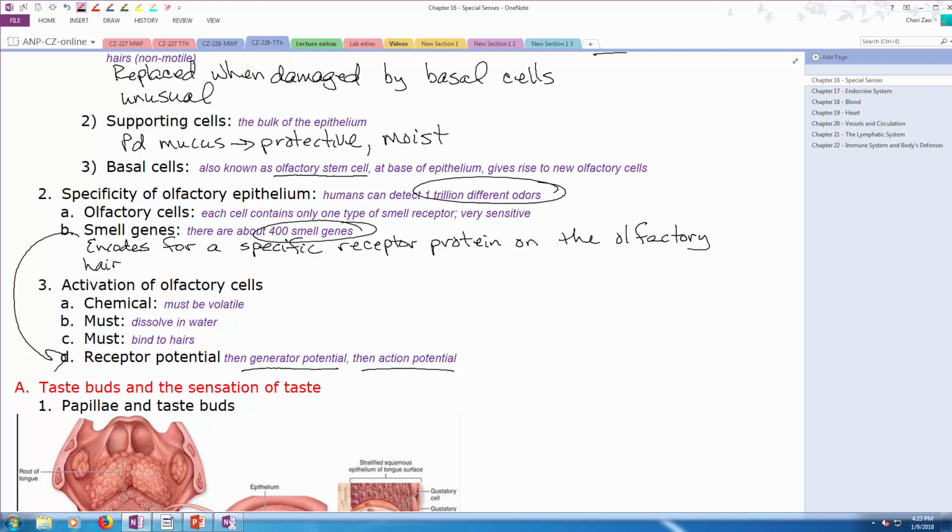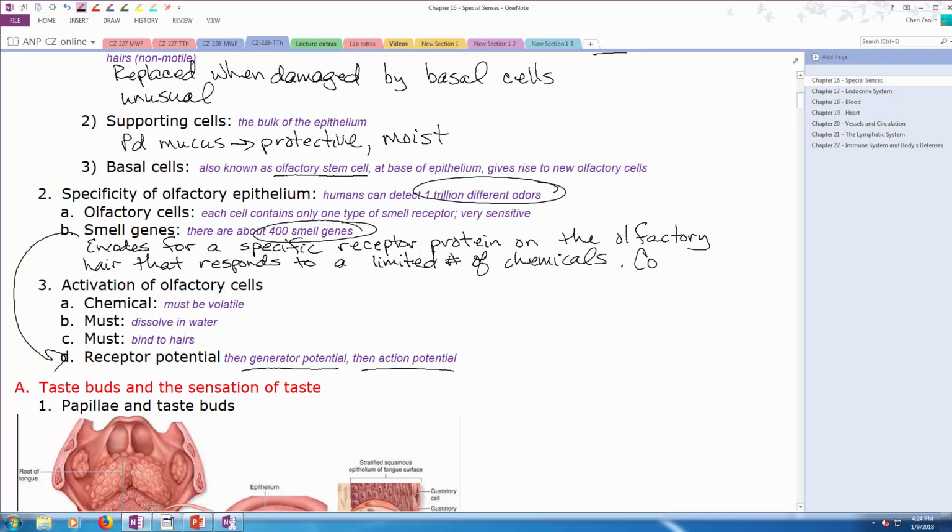So let's see, back to the smell genes. Each gene encodes for a specific receptor protein on the olfactory hair, and this is going to respond to a limited or select number of chemicals.